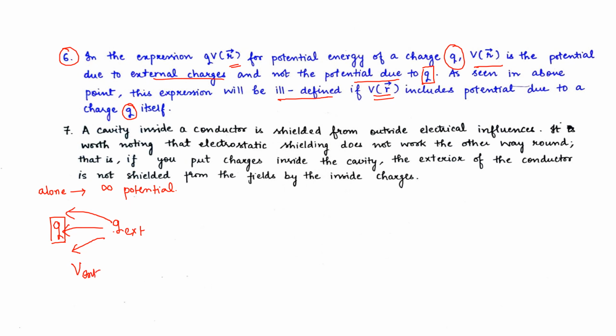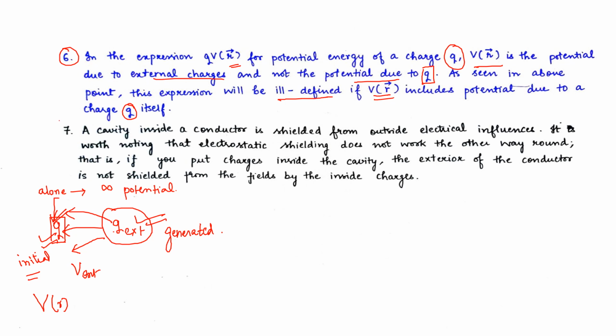So when we define the potential V at point R, it is due to the presence of these external charges, but not due to the presence of this initial charge in the system. This should be done because at this point we are trying to find the potential, but that potential is being generated by this charge.